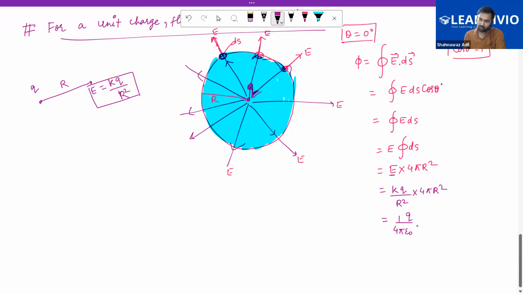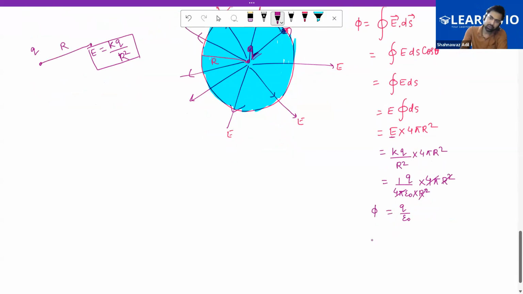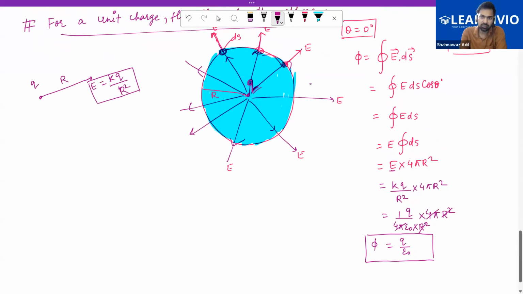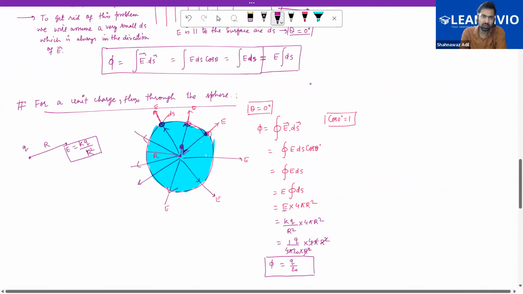And then we have Q, we have R square, and then we have 4 pi R square. So R square cancels, 4 pi cancels, and we have Q by epsilon naught. This is the flux. So this is how you get your Gauss law. So please note down this thing, and then we'll talk about Gauss law.